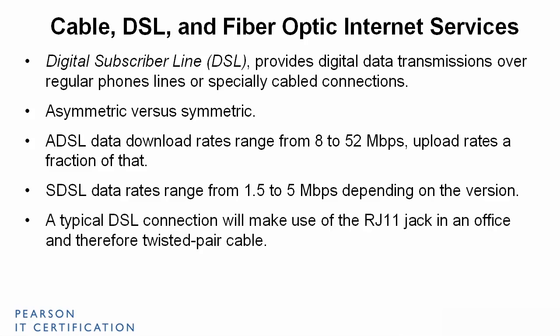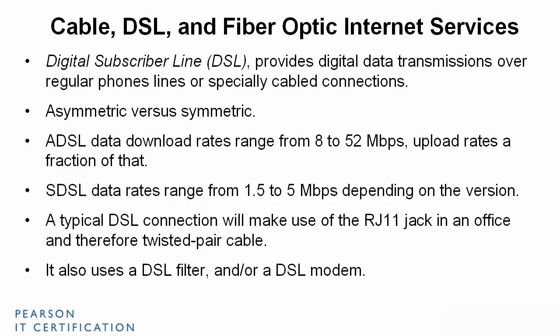And a typical DSL connection, that ADSL connection, that'll make use of the RJ11 jack, your phone line in an office or home, and therefore it's running over twisted pair cable. And it may use a DSL filter or a DSL modem. And I'll show an example of a DSL filter here.